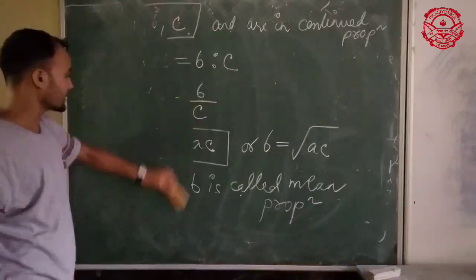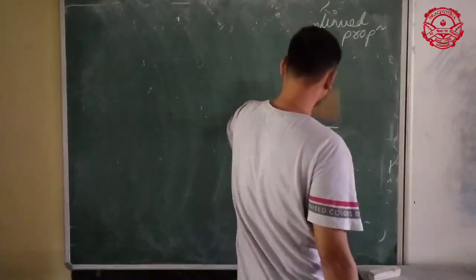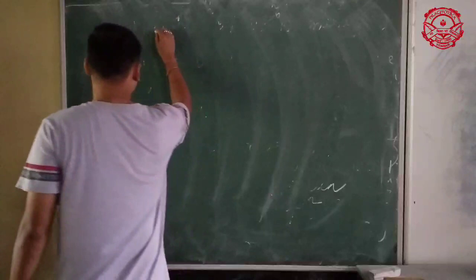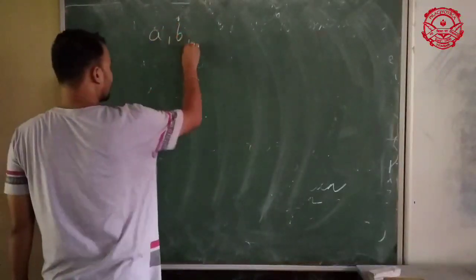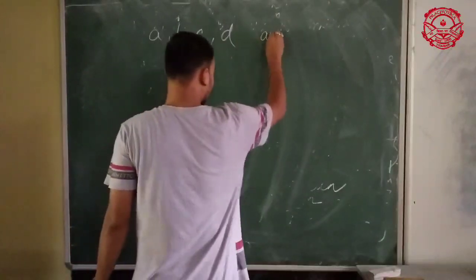Now see, there is a small formula regarding proportions. Suppose A, B, C and D are in proportion.